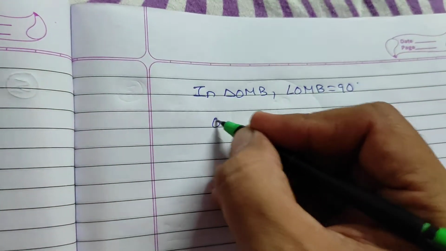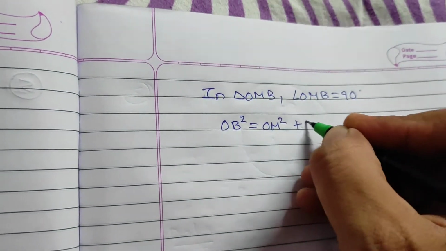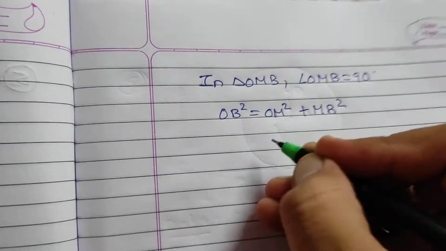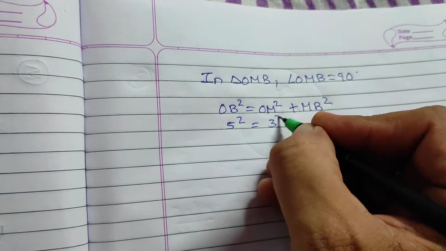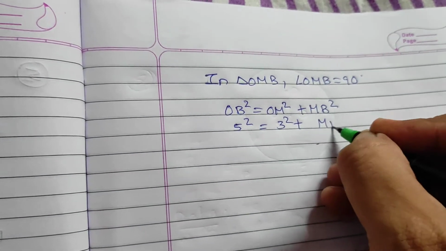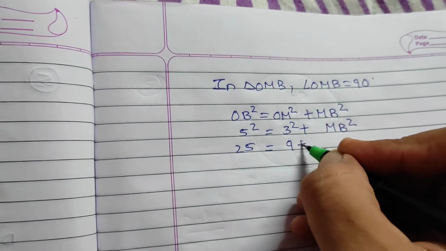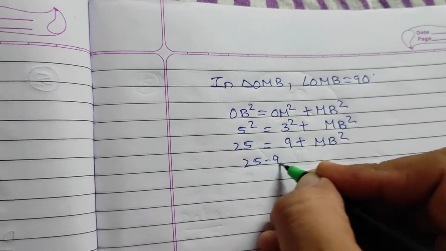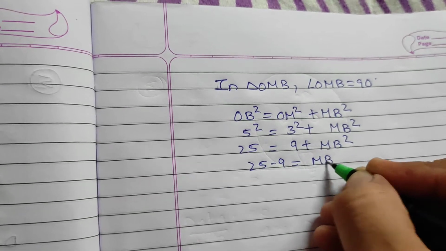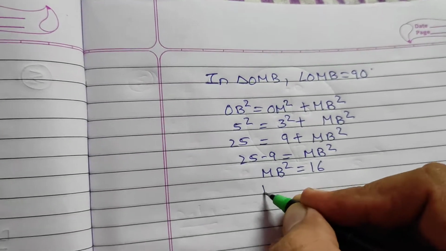So OB square is equal to OM square plus MB square. OB is 5, OM is 3, MB we need to find out. So 25 equal to 9 plus MB square. So 25 minus 9 is equal to MB square. So MB square is 16 and so MB equal to 4.